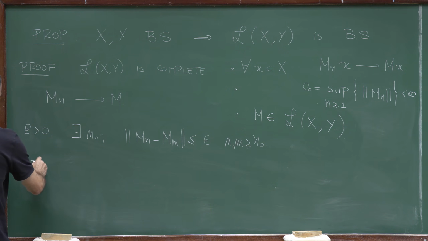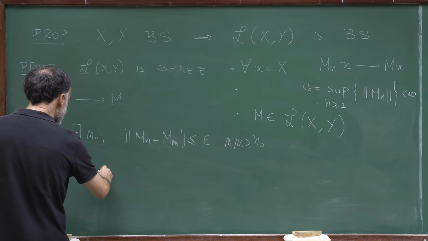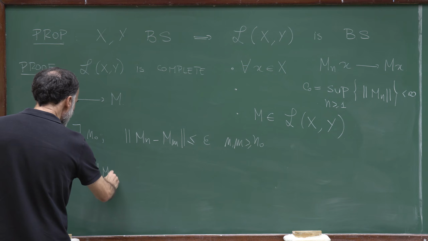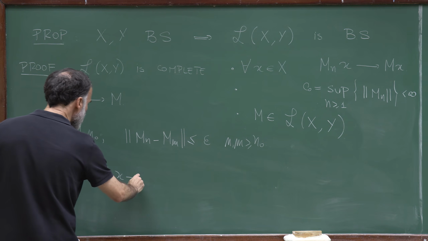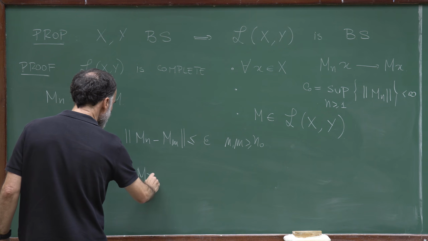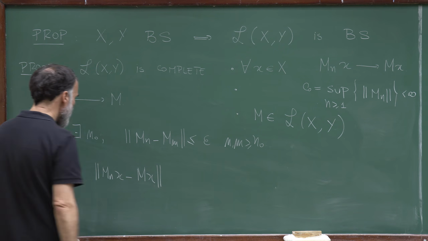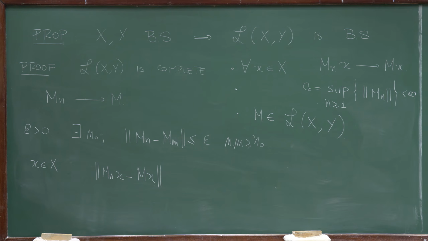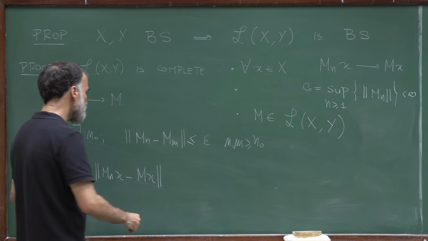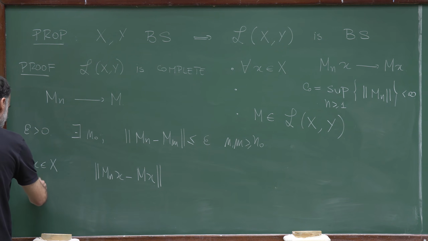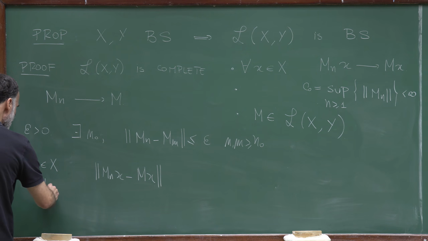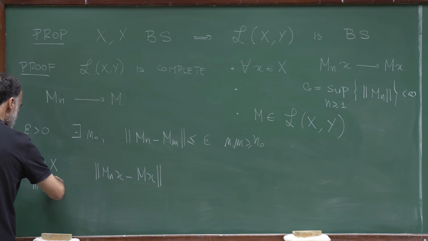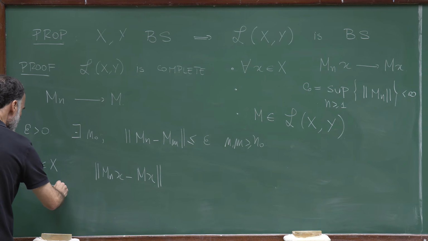So now fix x in X and consider Mnx minus Mx. I have to estimate the supremum over x of this quantity, but before I do that, let me take x with norm bounded by 1, or equal to 1, if you wish.